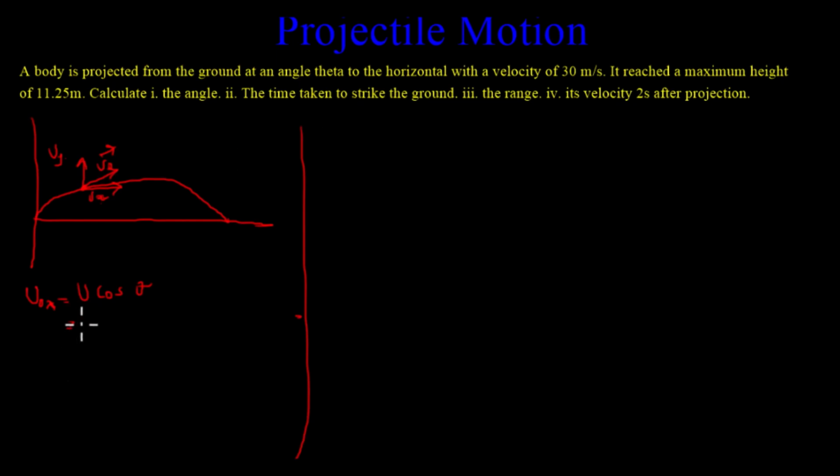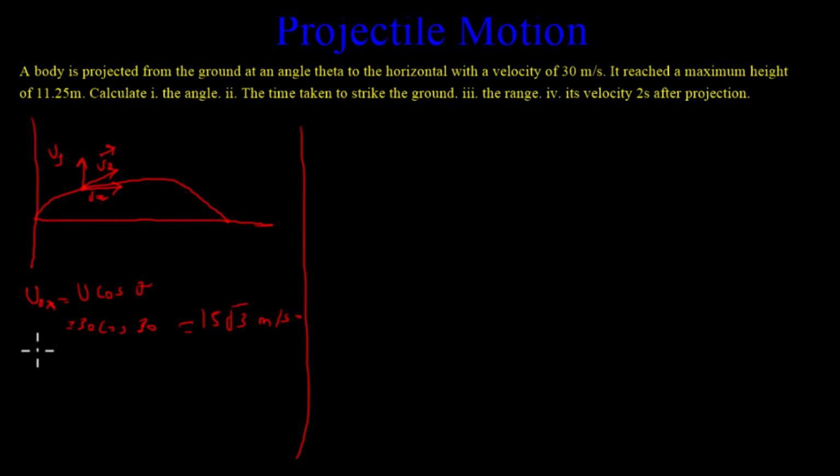So this is 30 cos 30. Let's press our calculator. This is giving us 15 root 3 meters per second.